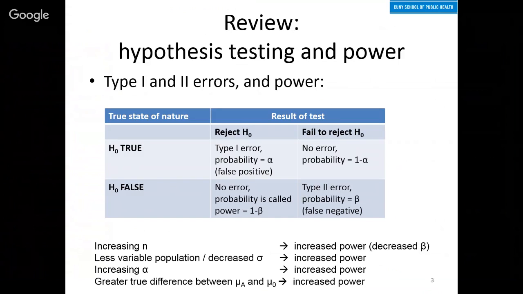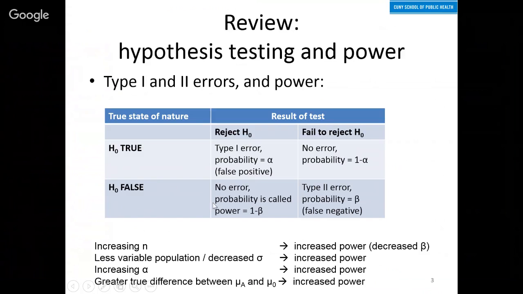So just to review from the hypothesis testing and power that we've covered before, remember that we have two ideas: the true state of nature, the thing that we don't know but want to make inference on, and the result of our inference test, which tells us whether or not to reject the null hypothesis. There are two types of errors we can make. There's the type 1 error, when we reject the null hypothesis even though it was true, and the type 2 error, where we don't reject H0 even though it was false.